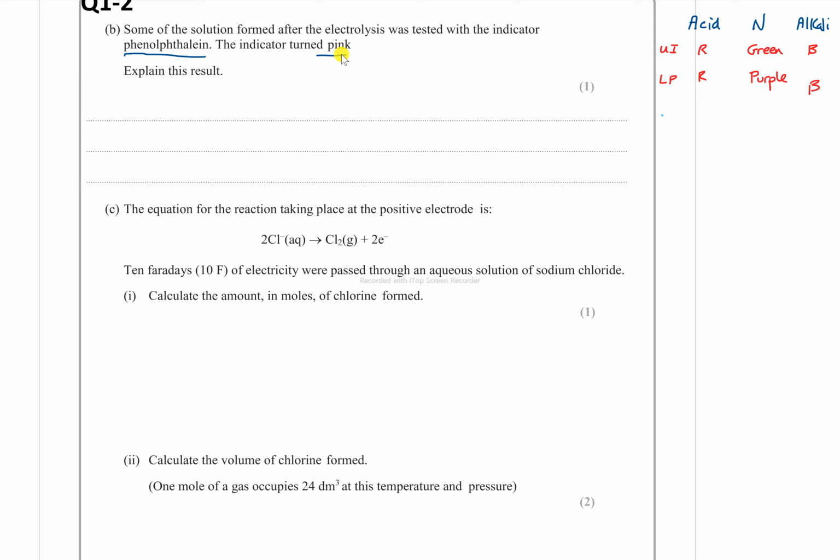Then you've got something called methyl orange. Methyl orange is another indicator. I just remember Roy: red, orange, and yellow. And then you've got phenolphthalein.